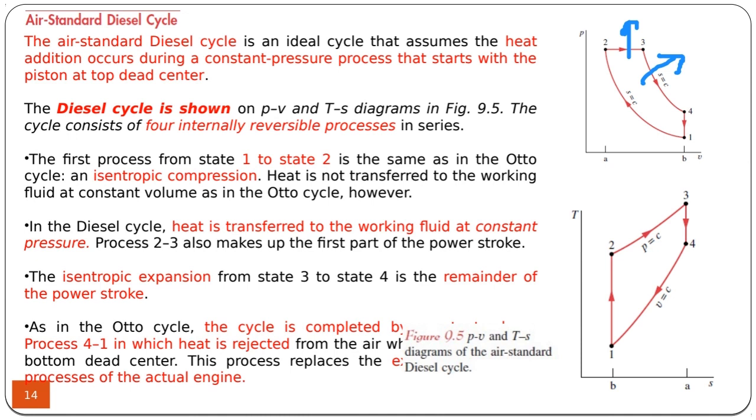So the summation of them is the total work. We have some work from 2 to 3, and the rest of the work is obtained from 3 to 4. And of course, for compression, we have to provide work, and this is the exhaust heat, sorry.